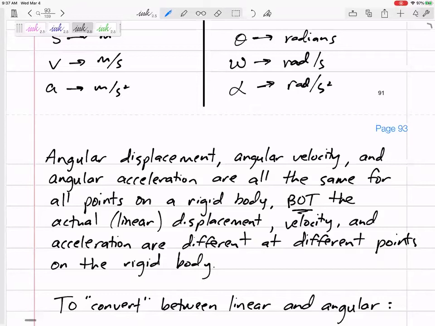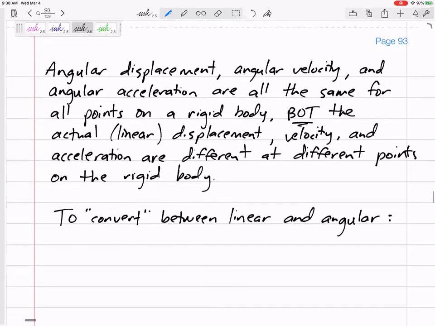But if you're on different points of that spinning merry-go-round, then you might have different velocities, right? Doesn't it feel like you're going faster the further you get out from the center? The further you go away, the larger your velocity, the larger your acceleration.